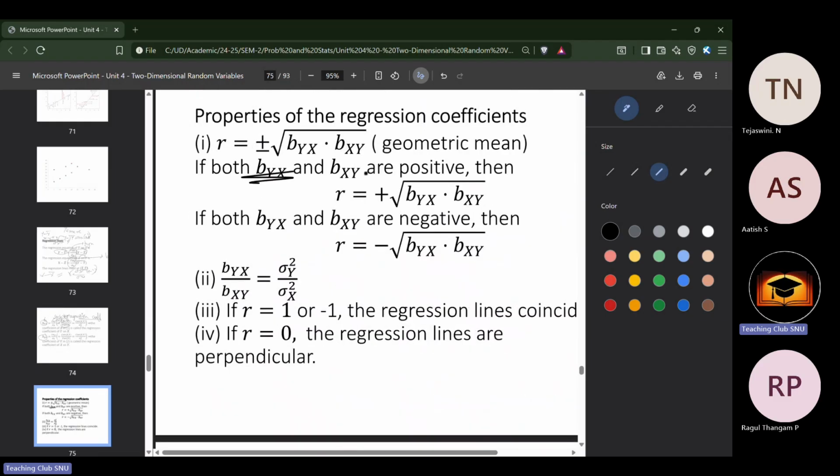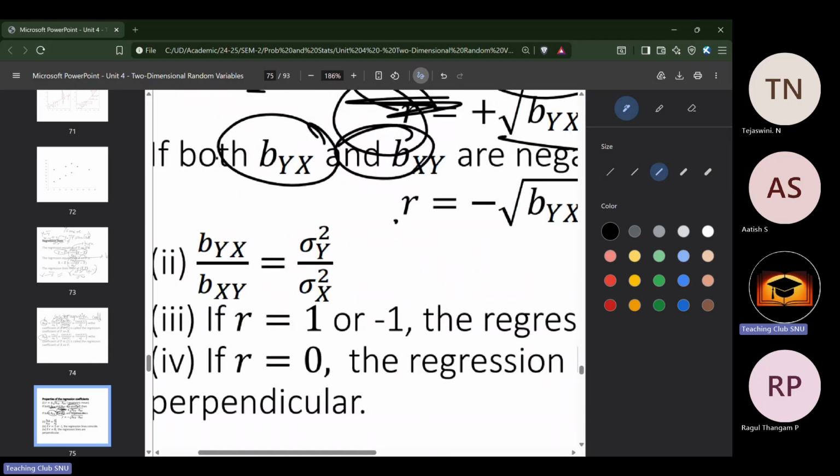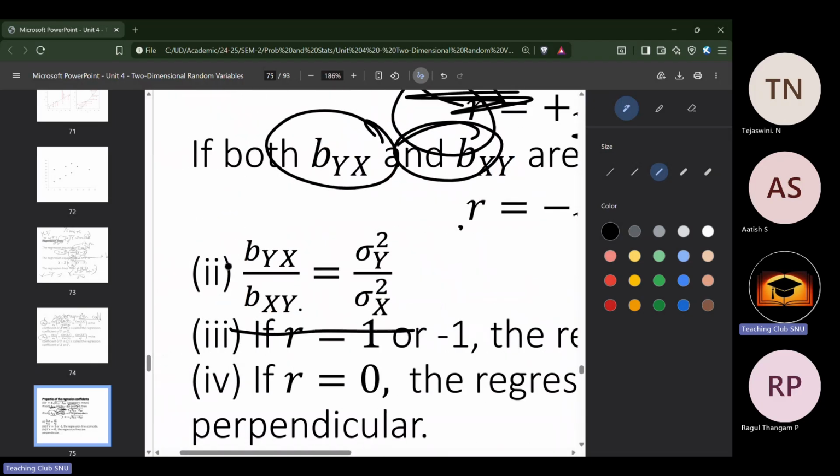If both BYX and BXY are positive, then R is given by the formula plus root of BXY into BYX. Similarly, if both are negative, then R is equal to minus root of BYX into BXY. And there is a cool property: BYX by BXY is equal to sigma Y square by sigma X square.